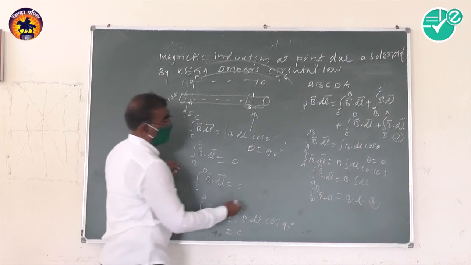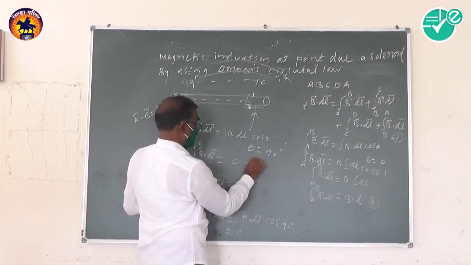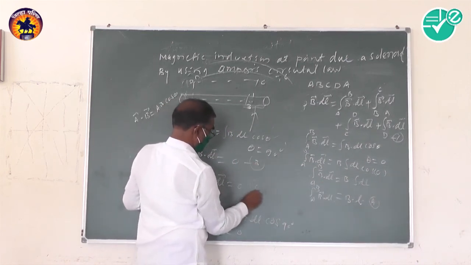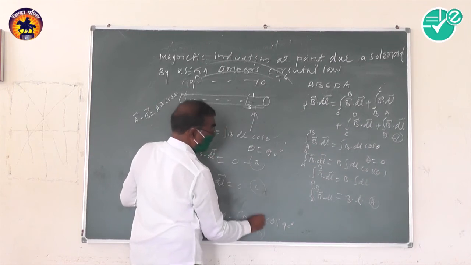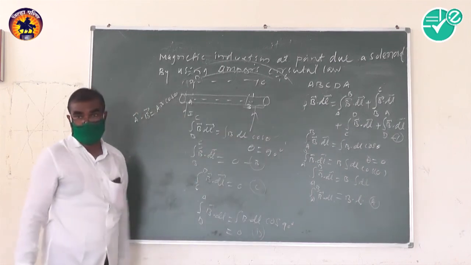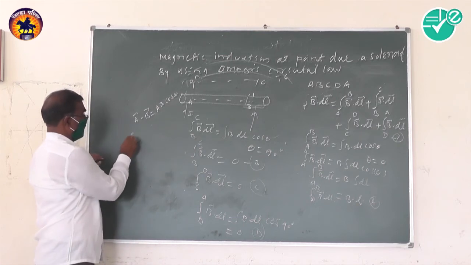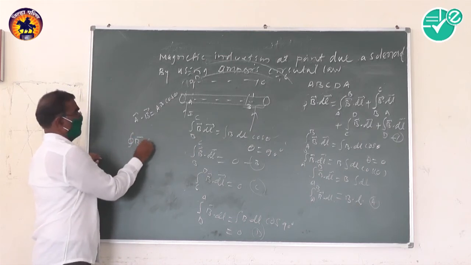We have to put equation A, equation B, equation C and equation D in that equation. In equation number 1 we get the integration of B dot dl equal to BL for the side AB.